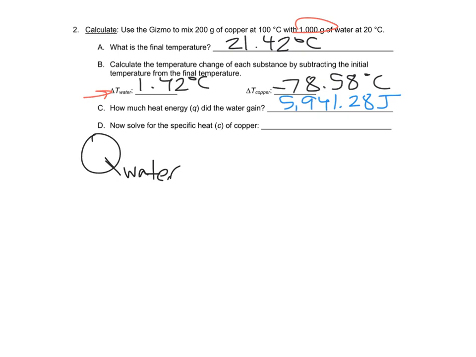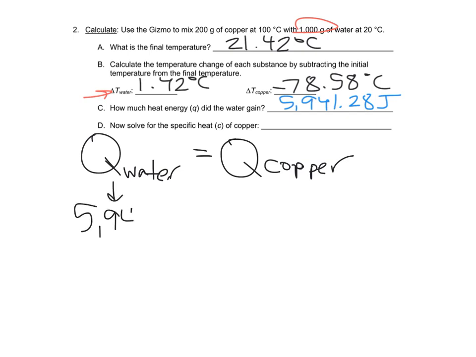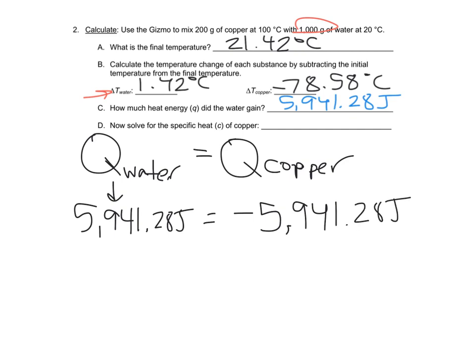So we have to remember that the energy gained by the water is equal to the energy that was released by the copper, right? So if the Q for the water was 5,941.28 joules, that means that exact amount was released by the copper.